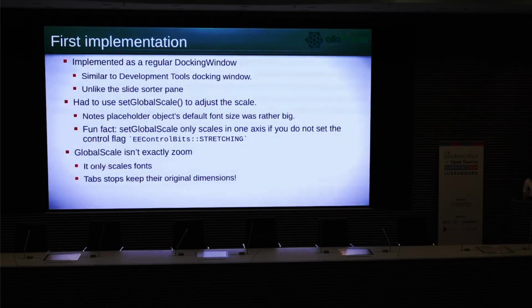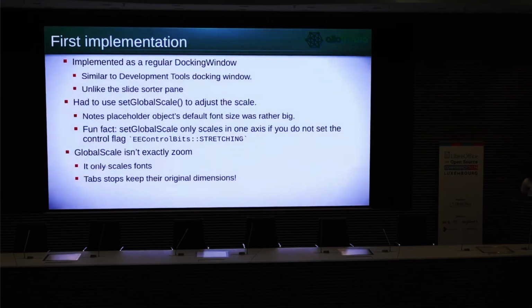To get around it, at the time I set global scale, to adjust the scale. Fun fact here, if you don't set this very interesting control bit on the edit engine called stretching, set global scale will only scale in one axis. It was hard to figure that out, and it wasn't obvious anywhere.